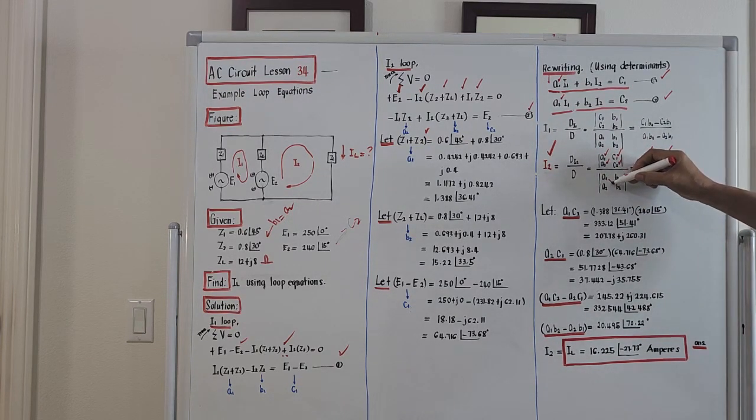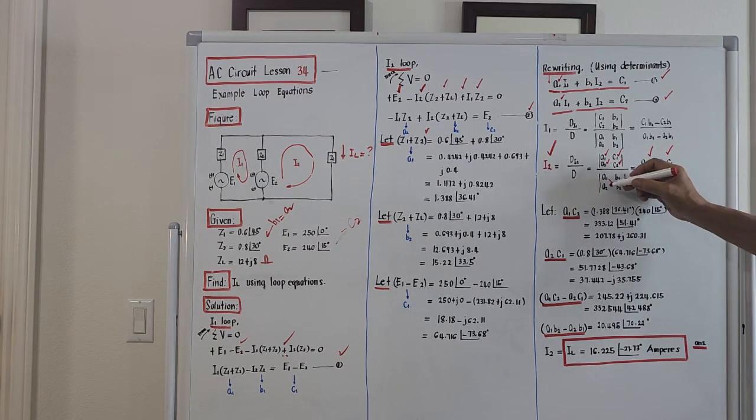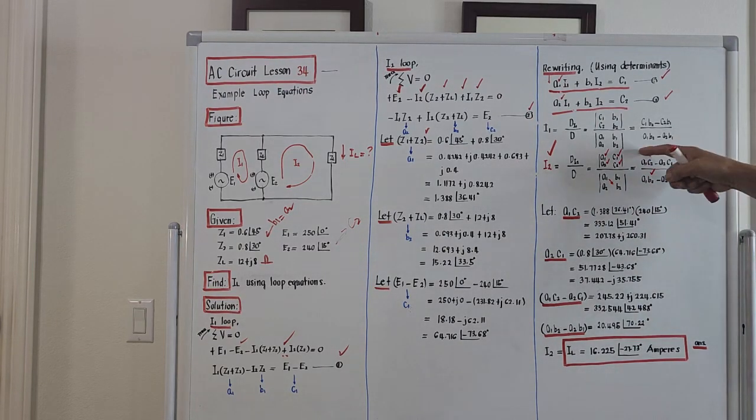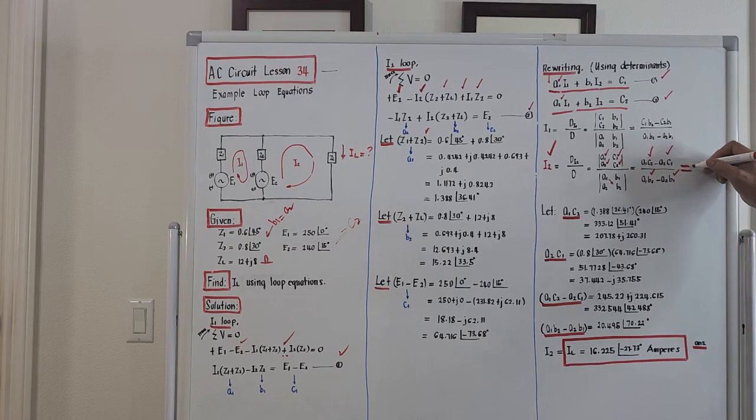Again, if we simplify the determinant, it should be A1B2 minus the product of the upward thing, A2B1. So if we compute A1C2 minus A2C1, and A1B2 minus A2B1, we could now compute for I sub 2. It's just a matter of being systematic.